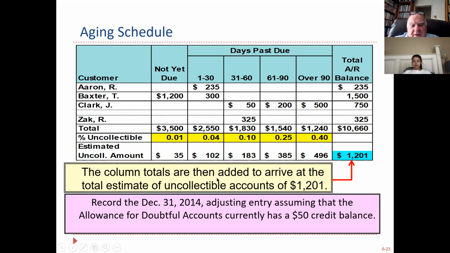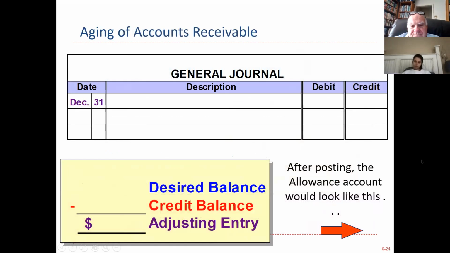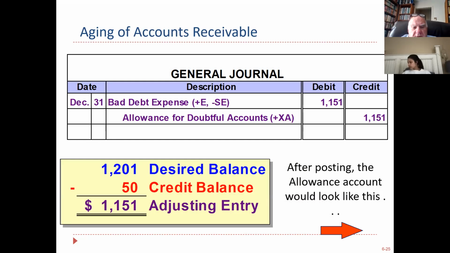The columns are added to arrive at the total estimate of uncollectible accounts. So now they're assuming there was $50 in the account to begin with. Well, we need to have 1201 based on the aging method, and the beginning balance was 50. The difference of 1151 is your bad debt expense.